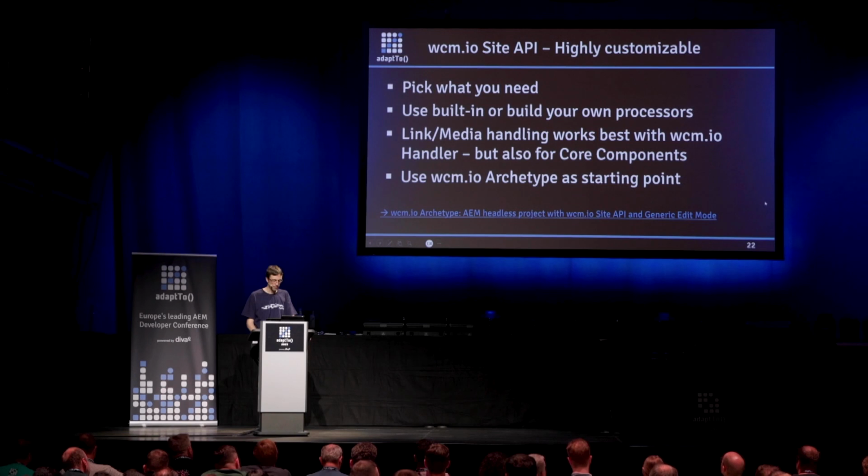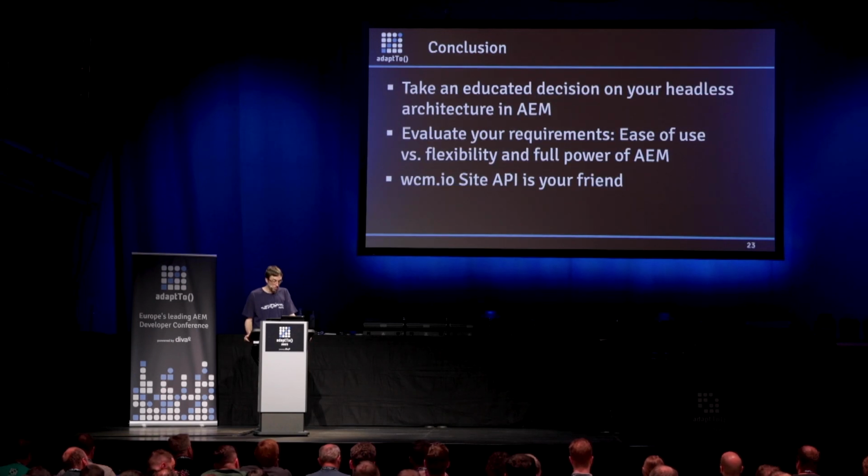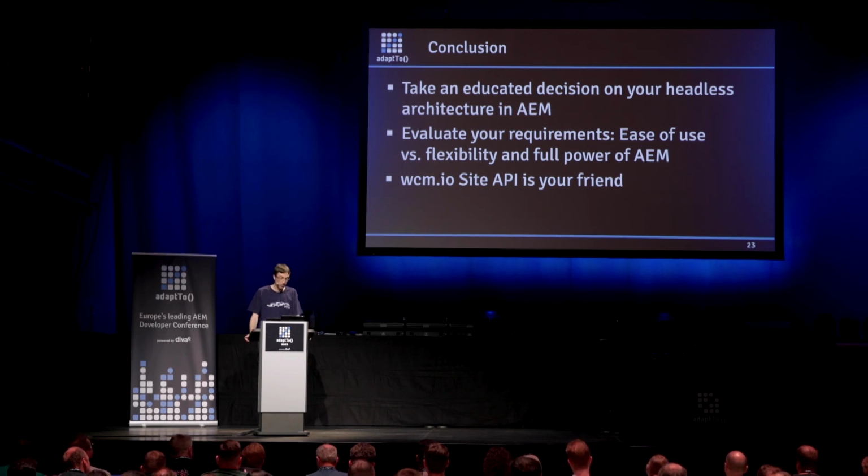And my conclusion is, of course, really take an educated decision about the architecture approach in AEM. For a lot of teams, content fragments is probably the best solution, especially, as I said, if you do not have a lot of AEM knowledge in your team, and if those limitations are fine for you, then go ahead. It's the easiest to use.